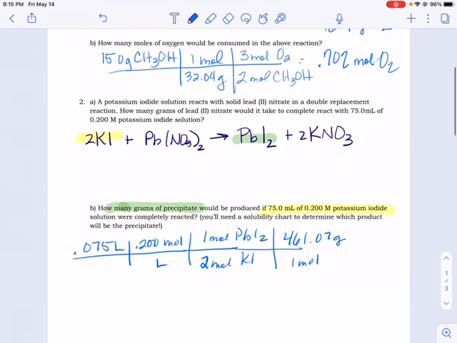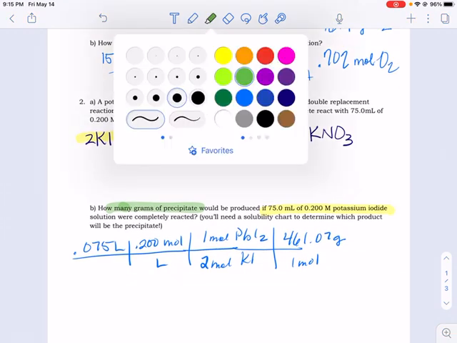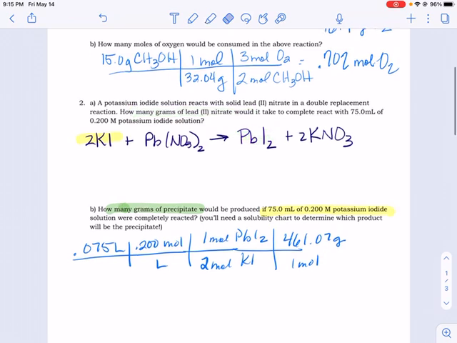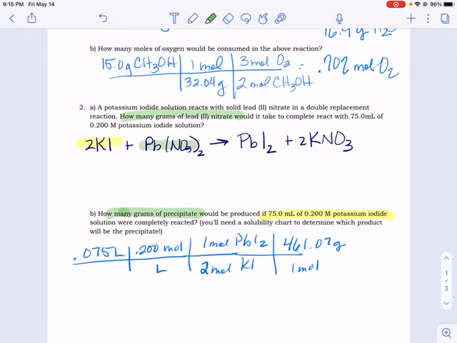All right, number 2. We are solving for grams of lead nitrate. And we are told that we have volume and molarity of potassium iodide. So, starting with 0.0750 liters multiplied by 0.200 moles per liter, that gives us potassium iodide moles.